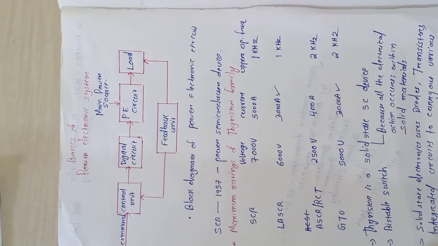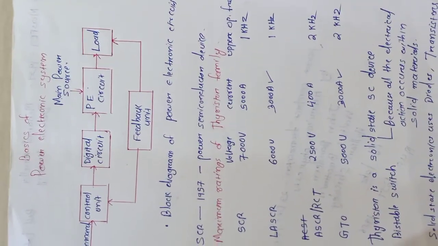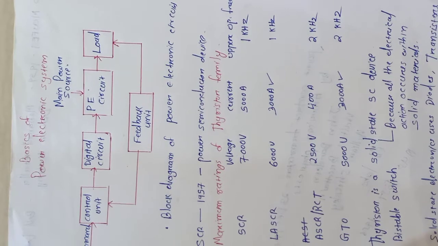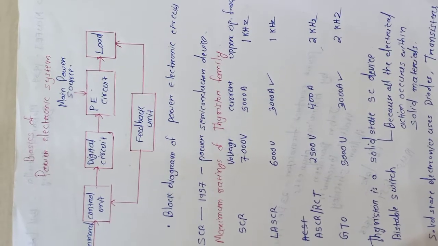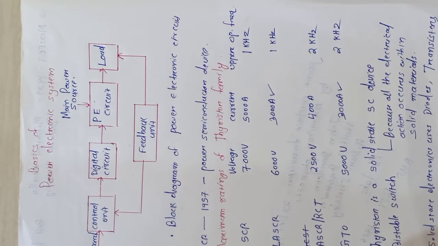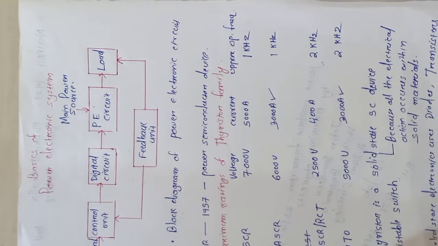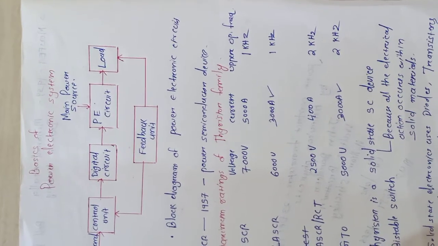So what is the function of the feedback component? The feedback component, as shown in the figure, measures a parameter of the load. You can say the parameter is speed in case of a rotating machine, and compares it with the command.